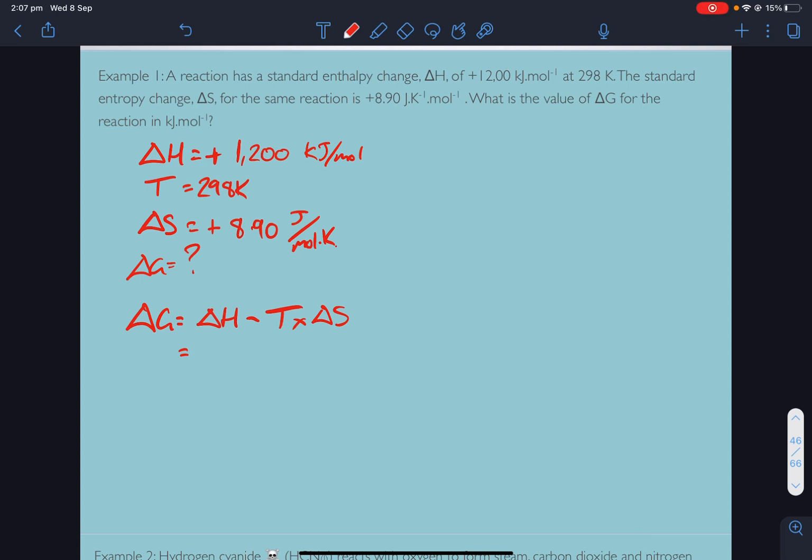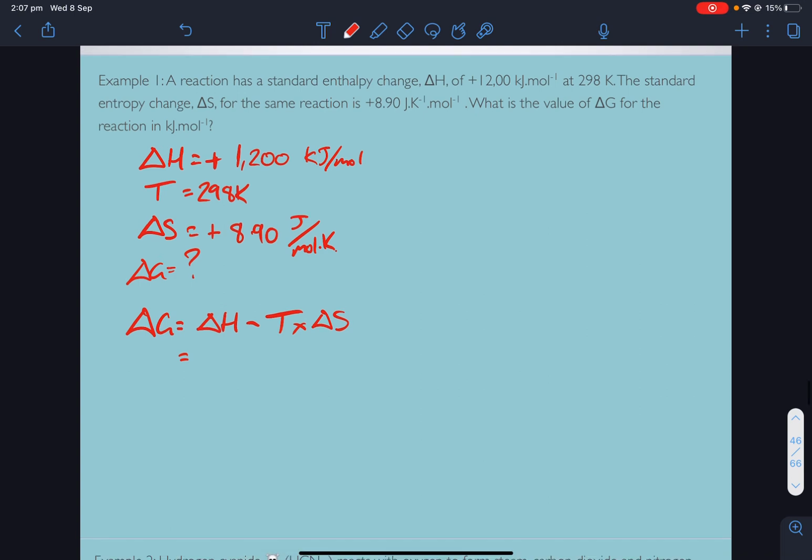Now, look at my things here. To align it, I'm going to put my kilojoules as joules per mole. So 1,200 kilojoules equals 1,200,000 joules per mole, minus T, 298, times delta S, which is 8.90.